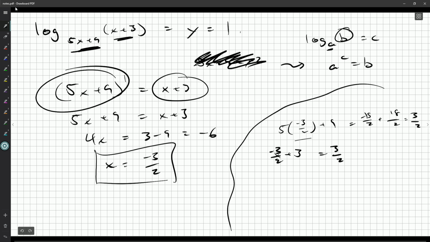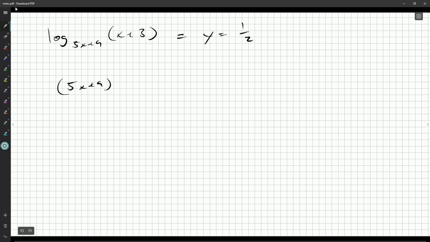All right, so that's the only possibility if y equals 1. What if y equals 1 half? Okay, so if this is 1 half, again, we can quickly rearrange this into a nice little statement like this.